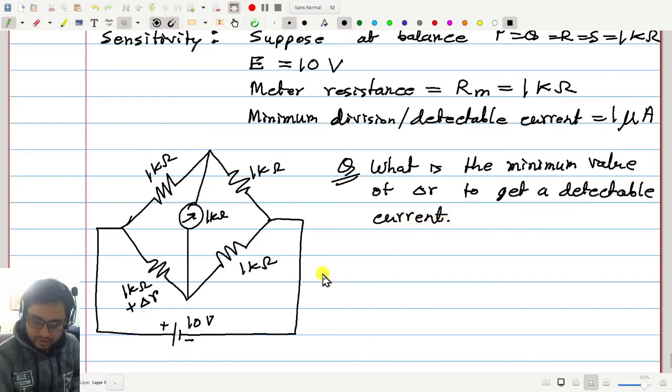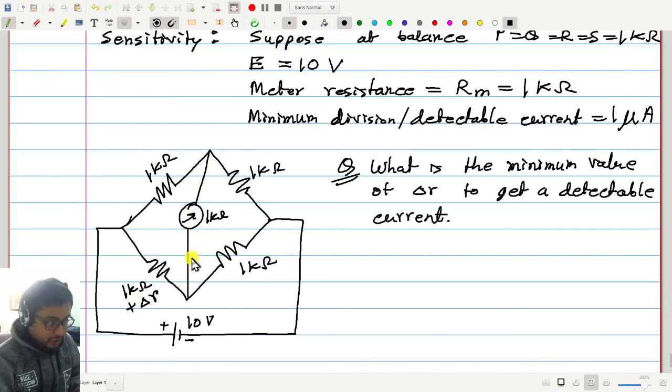Okay, or you can also ask this in a different way, that for some value of delta R, how much will be the current and how much will be the deflection.